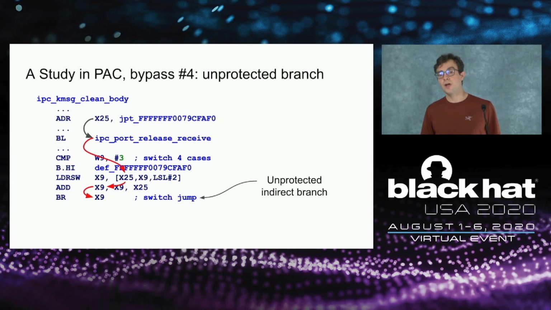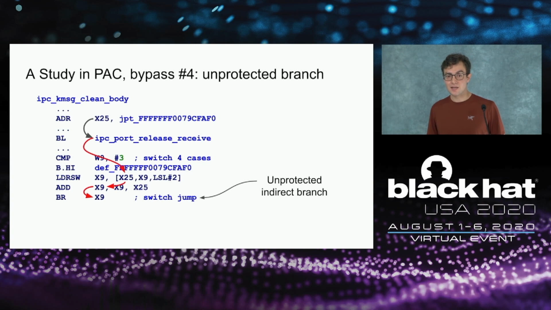So in my mind, I thought that this was problematic because if you remember from before, when you have an interrupt delivered, only the PC, CPSR, and LR registers are protected when your thread state gets spilled to memory. In particular, neither register X25 nor register X9 is protected, so they're vulnerable to be modified by some concurrent kernel write primitive by an attacker.